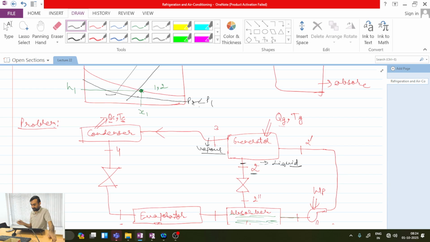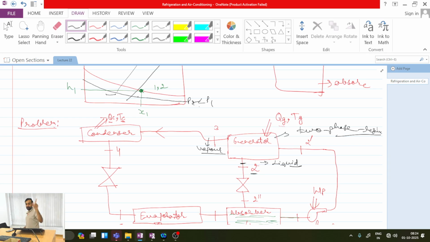Why? Because in the generator I am doing the heating process, and because of heating, this liquid is evaporating. So it means I am in the two-phase regime. Within the generator I am in the two-phase regime, and the generator is nothing but a vessel. In the vessel, at the bottom I will have the collection of liquid, and at the top I will have the collection of vapor.